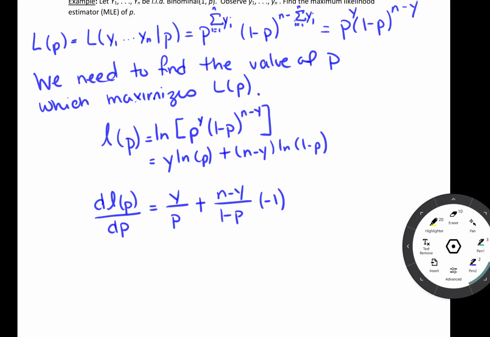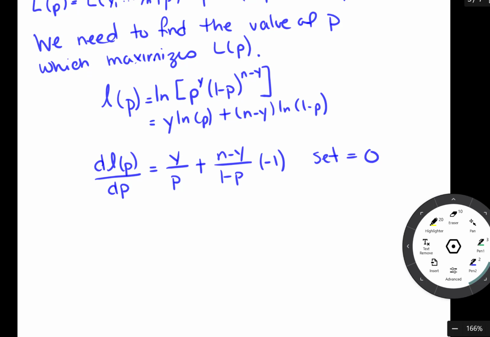And remember, this is that score function, so what I'm going to do is set this equal to 0. Now, as soon as I set it equal to 0, notice what I'm doing is taking that derivative and setting it equal to a fixed value. So when I do this, I actually no longer have p. At this point, that's when I'm saying, okay, this is going to be my estimator.